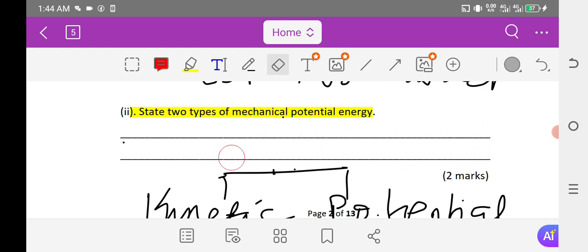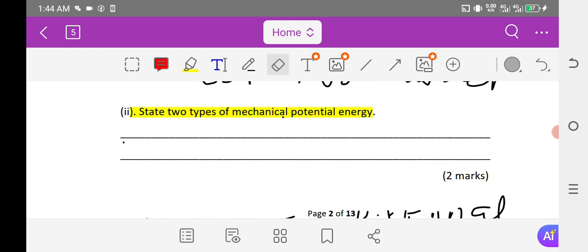So what we need now to state here, it means obviously we are going to exclude the kinetic energy component of mechanical energy.